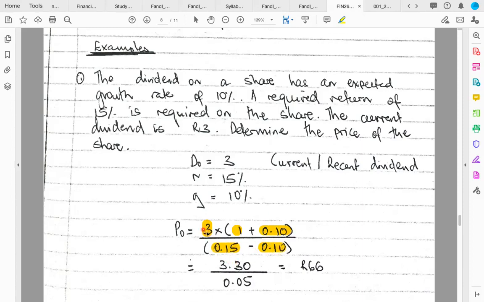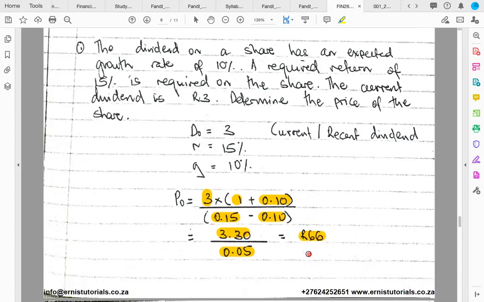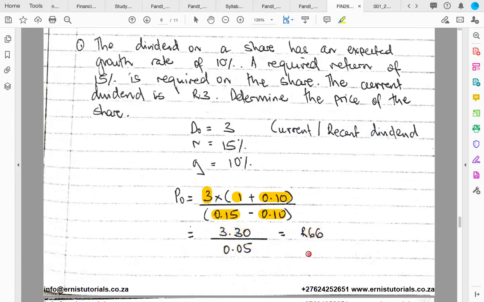And then the current dividend multiplied by 1 plus growth, we get 3.3. Our required return minus growth, we get 0.05. 3.30 divided by 0.05, we get 66 Rand. So the price of our share would be 66 Rand, right?